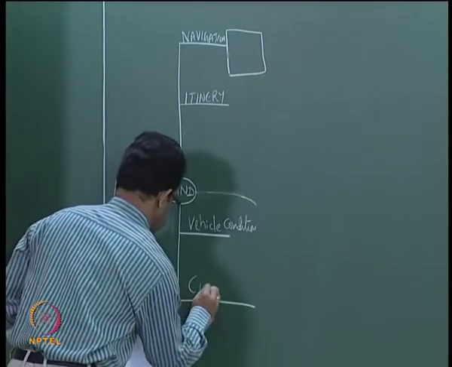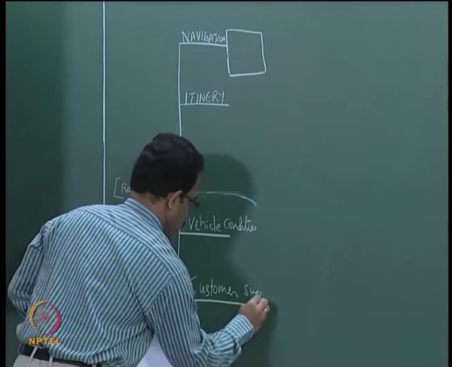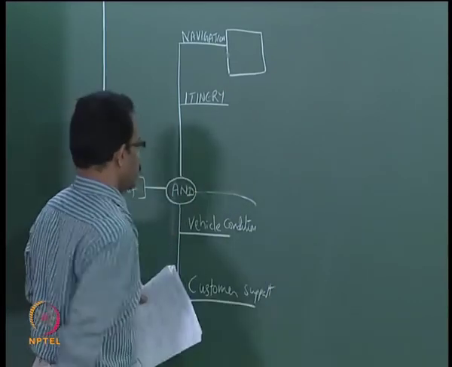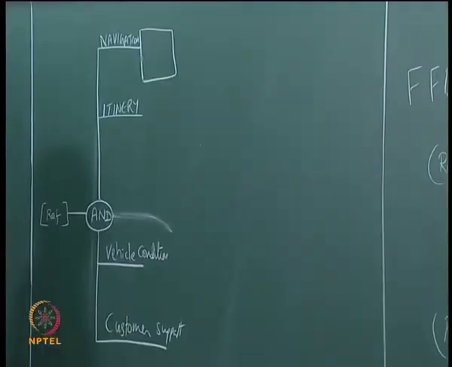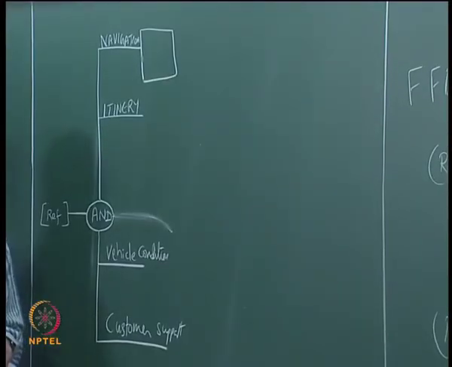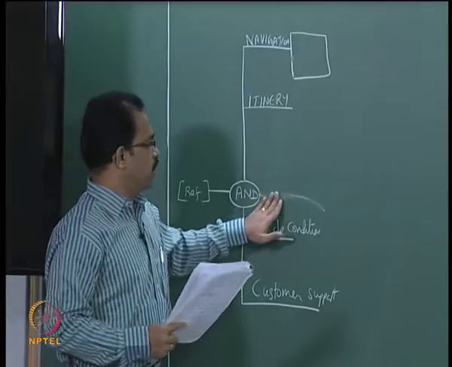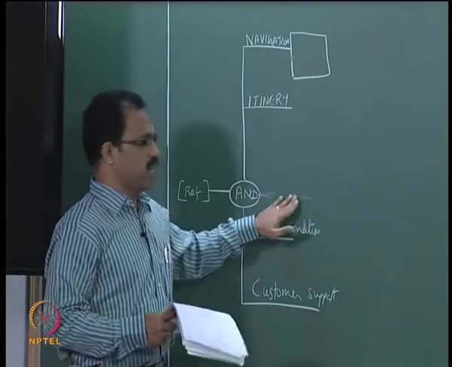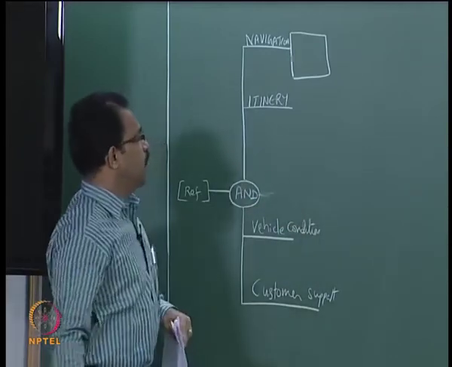Customer support. So these are the 4 functions that need to be executed parallelly in order to provide the required service to the passenger or the person who is using the AutoLink system. If we need to provide the required service, like knowing the location or, in an emergency, providing the support, all these parallel functions should be executed.